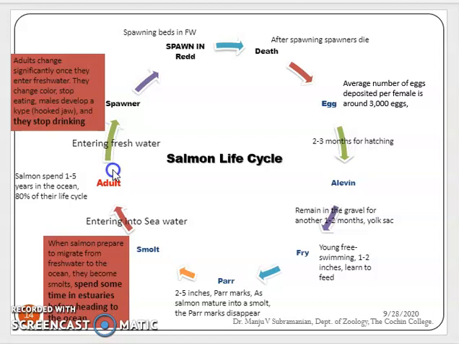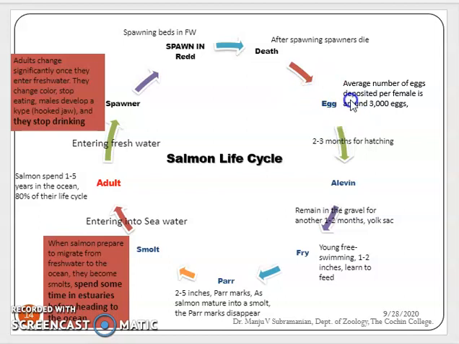They stop eating. The males develop a hooked jaw, and they stop drinking, and they enter the freshwater for spawning. In freshwater they breed, and after spawning the adults die off.